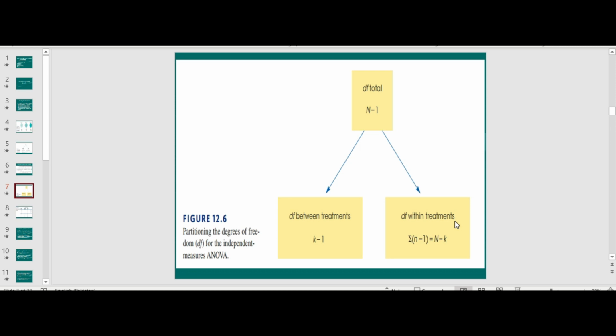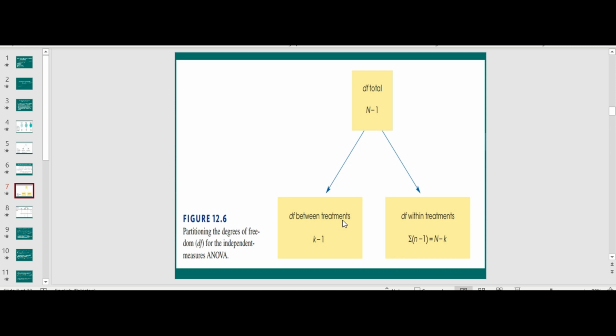Each treatment SS value measures the variability of n scores in the treatment, so each SS has DF n minus 1. When all these individual treatment values are added together, we obtain DF equal to summation of n minus 1, which is equal to N minus k.